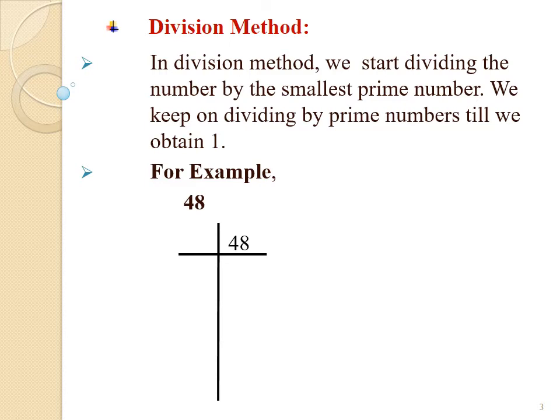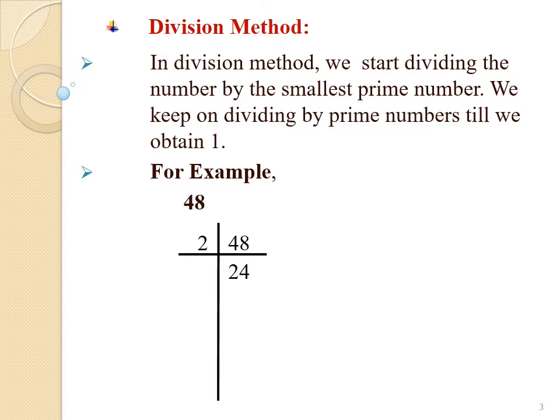Students, now we have to start dividing 48 by smallest prime number 2 and we have to write smallest prime number 2 outside the line. Thus, dividing 48 by 2, we get quotient 24. Students, we have to write quotient 24 below dividend 48.